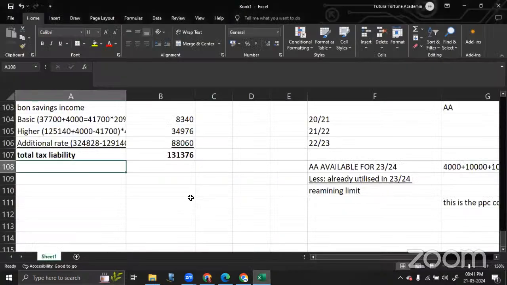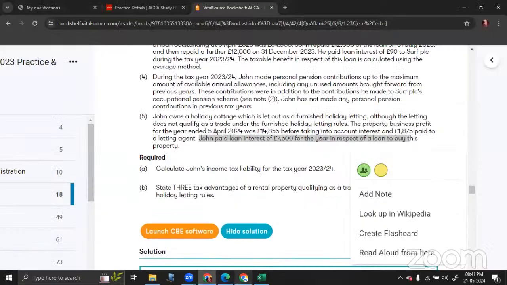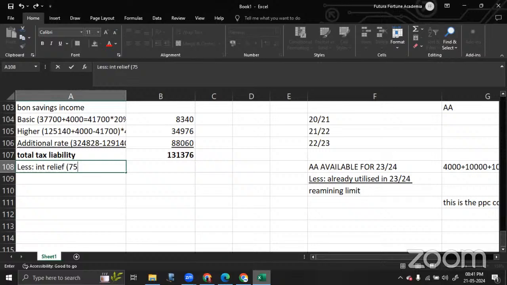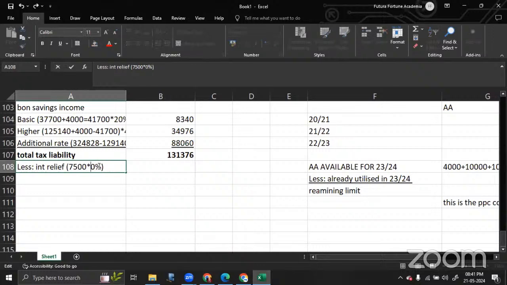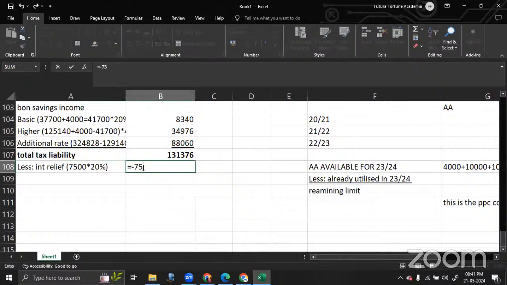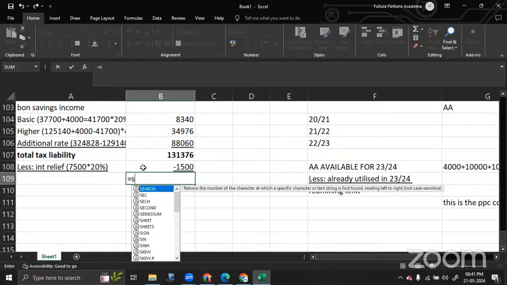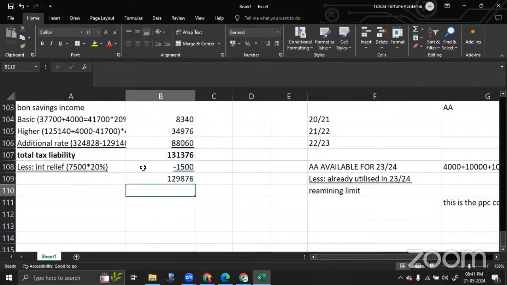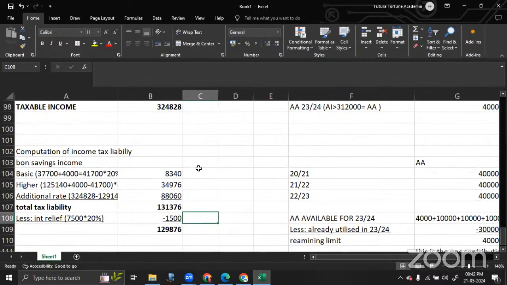So, since it is a residential property, for the interest on a loan to purchase the property to let out, you can calculate an interest relief of 7,500 into 20%. So the answer is 129,876. That was a pretty good question which tests your knowledge of pension as well.